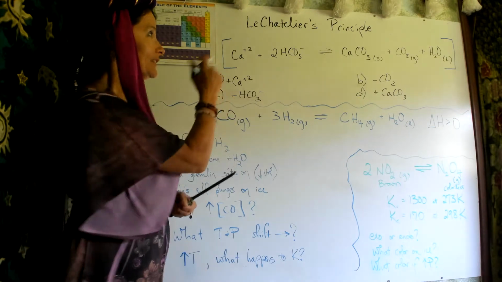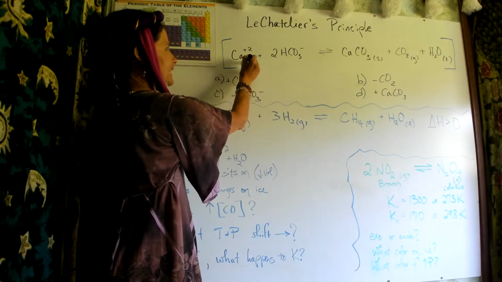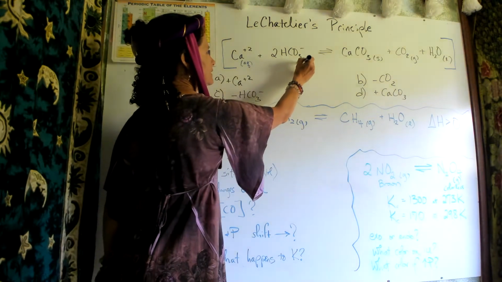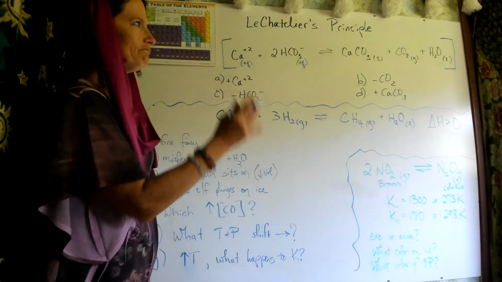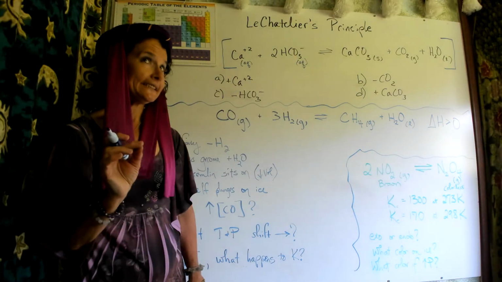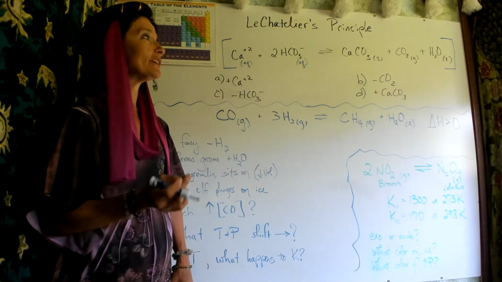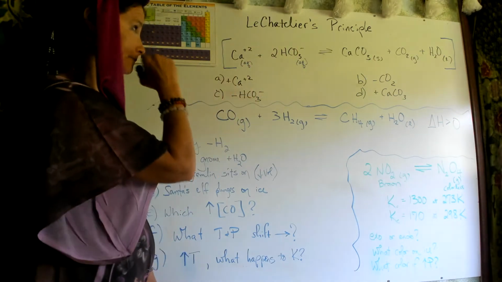Now remember, I left off some states of matter. If I show an ion, it is aqueous. So it's aqueous. And only two states are influenced by equilibrium, which are aqueous and gas.